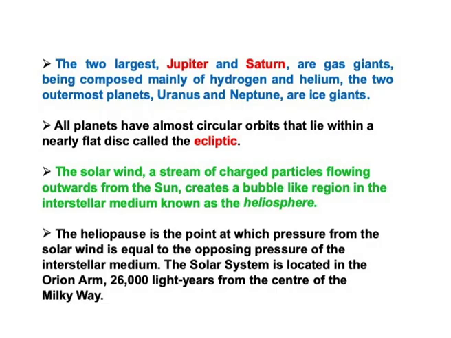The other two outermost planets, Uranus and Neptune, are mostly made of ice material, so we call them ice giants.